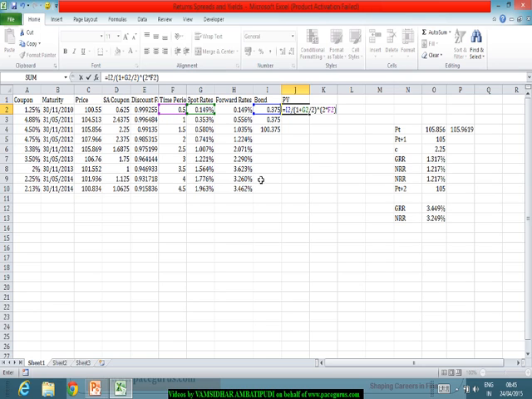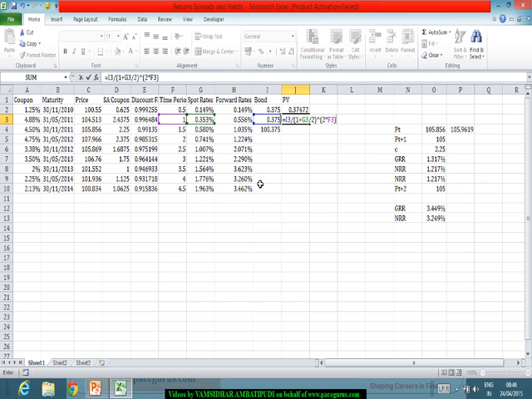So this gives me the present value of this cash flow as this much, and this cash flow is divided by 1 plus the spot rate by 2 to the power of twice the time period.